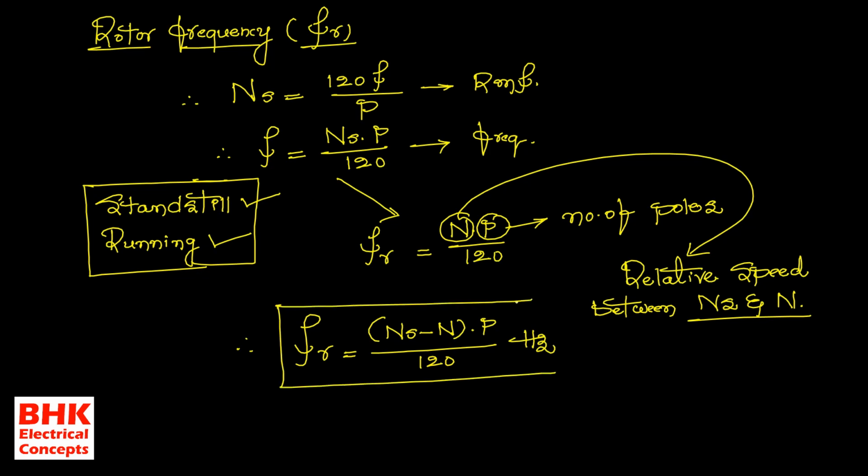We modified this expression into this expression; don't be confused, I am modifying it to prove the rotor frequency under standstill condition as well as running condition. Here N represents the relative speed between the synchronous speed of the rotating magnetic field and the rotor speed. You can remember this expression to prove that condition. Clear?